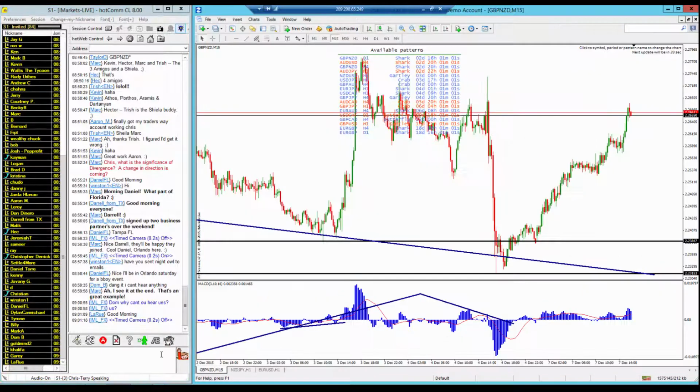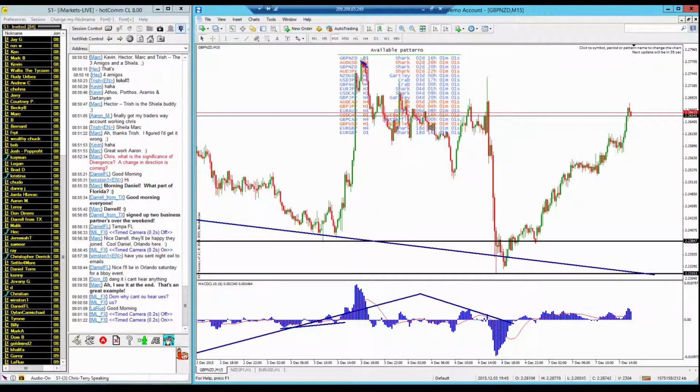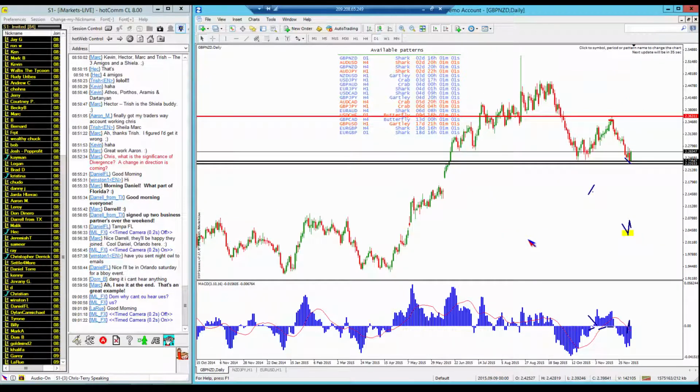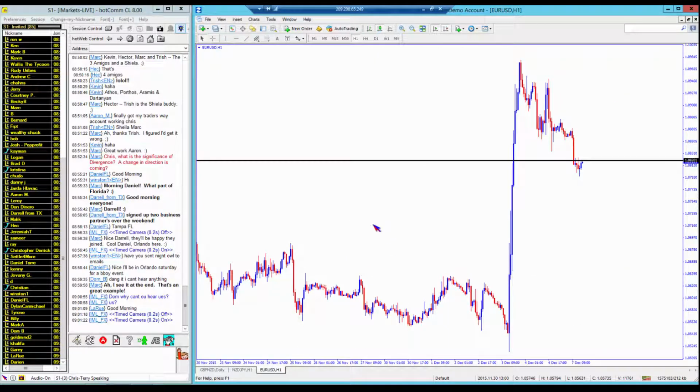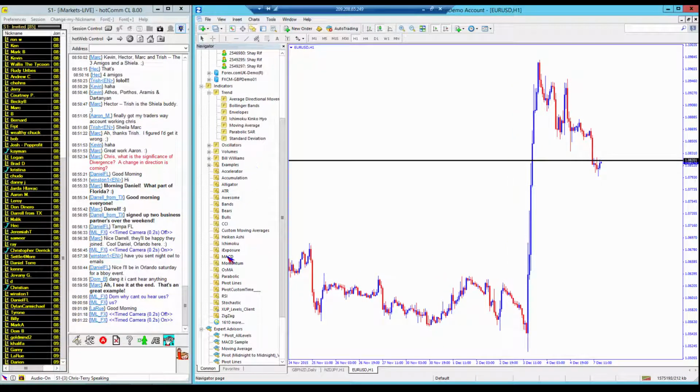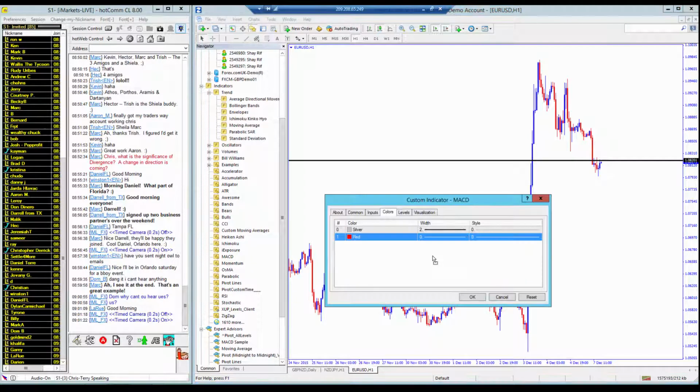Let me put the scanner back. I'm just showing you can do the same thing. You can flip and look at other charts and do the same thing. Let's take View, Navigator, MACD.